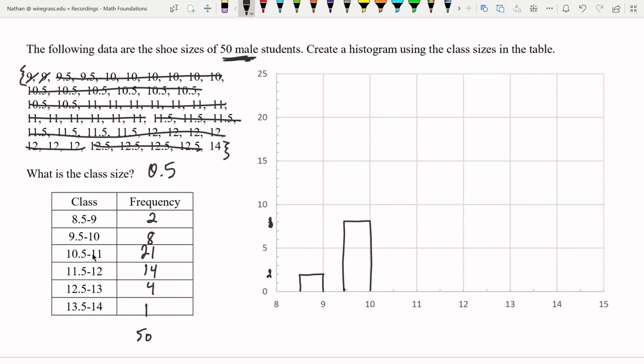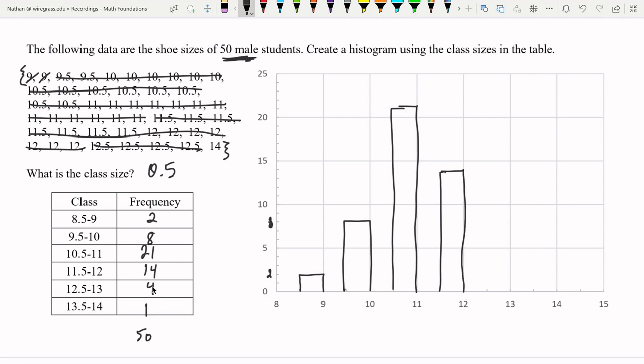We can do 10.5 to 11. That's going to be 21. 21 is right here. 10.5 to 11. 11.5 to 12 is 14. 14 is right here. 11.5 to 12. 12.5 to 13 is 4.